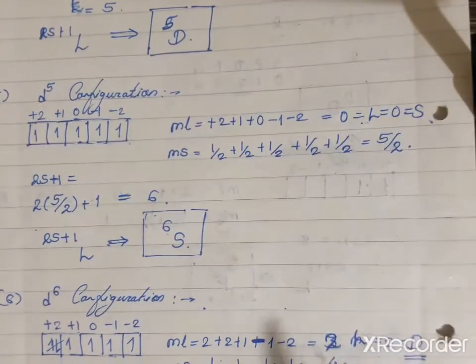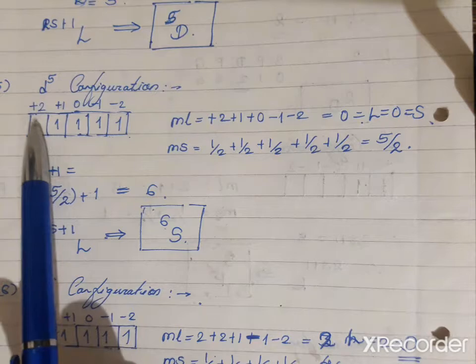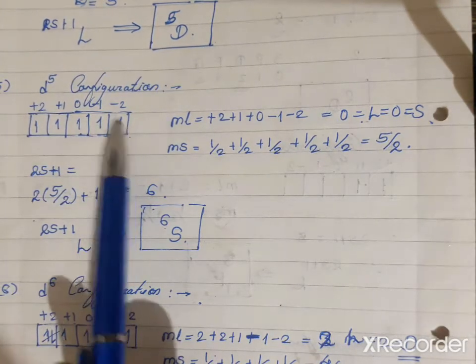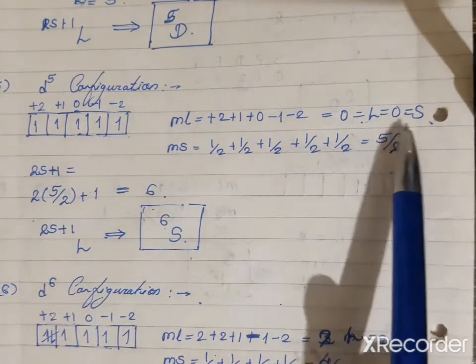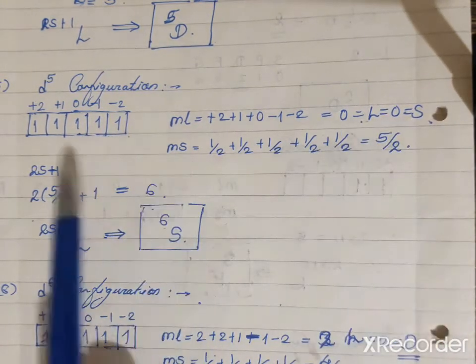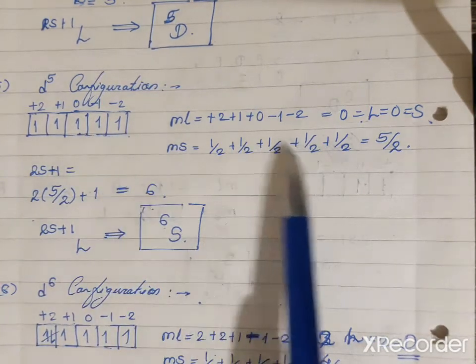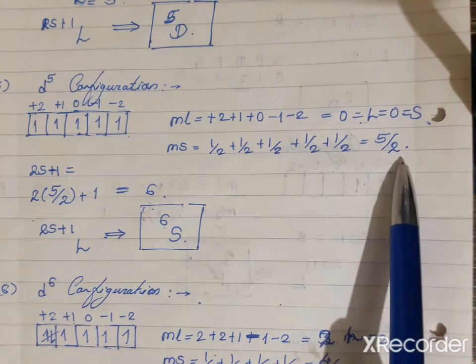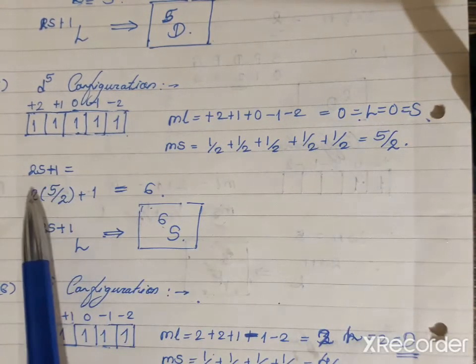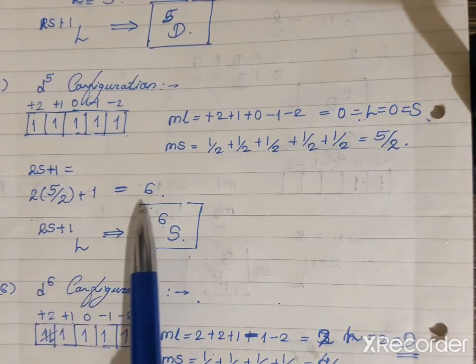Okay. Now the next one is a d5 system. In the d5 system, ml is plus 2, plus 1, plus 0, minus 1 and minus 2. So ml is equal to 0. So the term for 0 is S. Okay. And ms is equal to 1, 2, 3, 4, 5, so 5/2. Total spin is 5/2. Put that value in: 2 into 5/2 plus 1 is equal to 6.